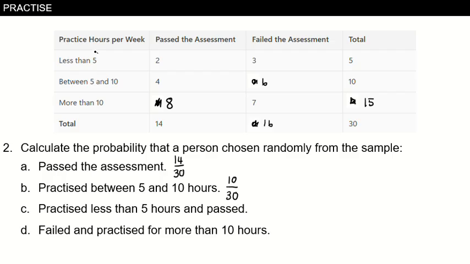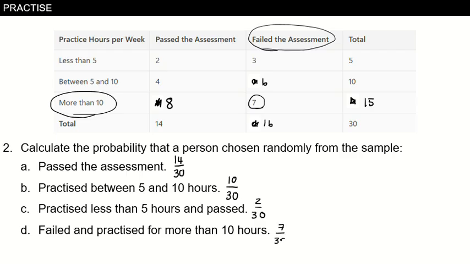There were only 2 out of the 30 people who practiced less than 5 hours and passed. A person failed the assignment and practiced for more than 10 hours. It is 7 out of the 30.